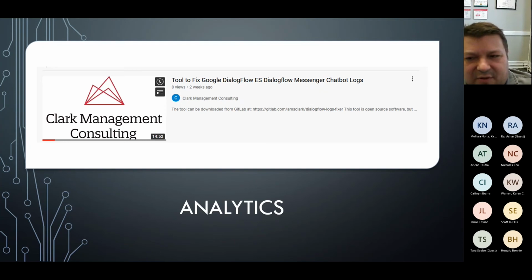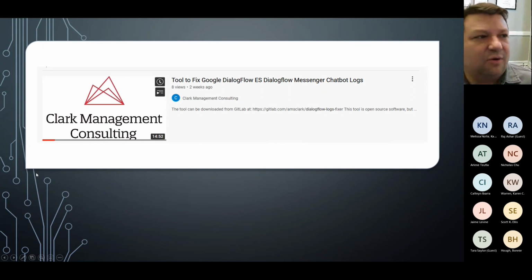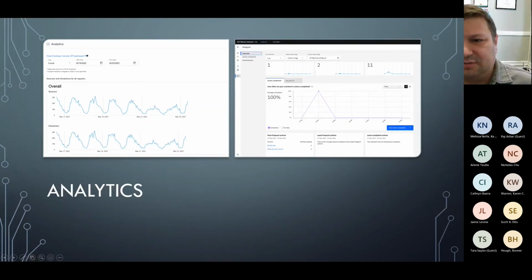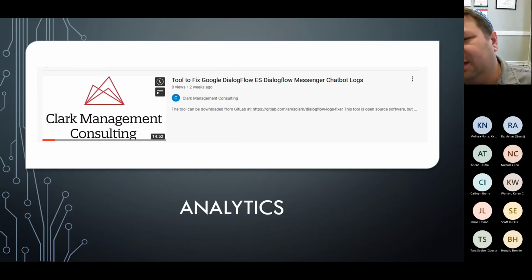I have ended up developing a tool on my own for Dialogflow logs to do a better job of processing them, because what I found is that even though these look really nice, it's not very easy to answer the types of questions that grant funders often want to know for a grant reporting cycle, like just a simple, how many times did the bot help people with a housing issue, things like that. So I developed an additional tool to output everything to a spreadsheet that's easier to work with.